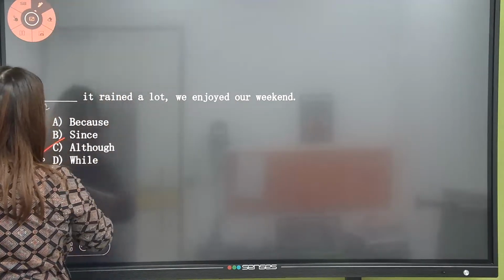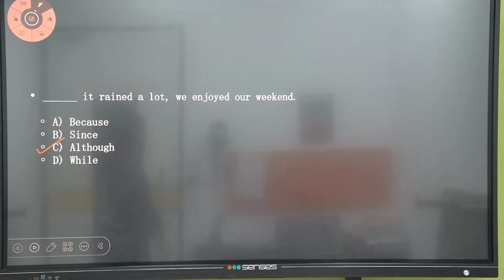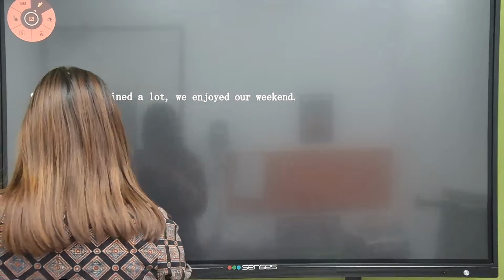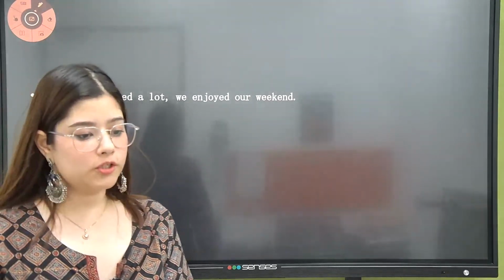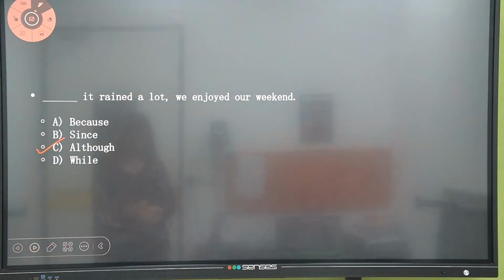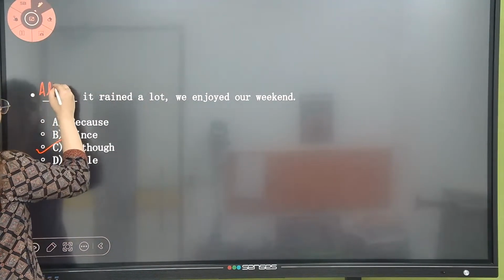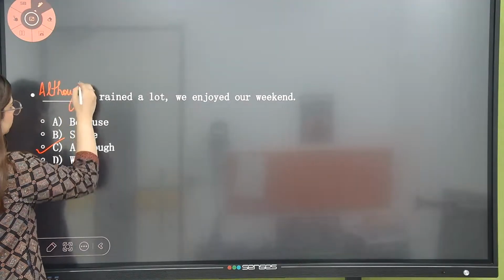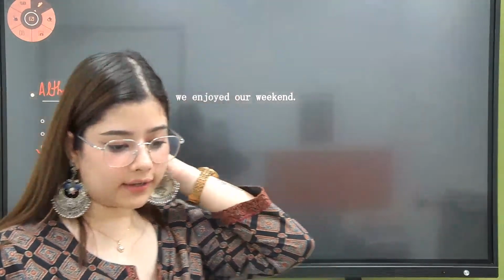Although it rained a lot, we enjoyed our weekend. Which type of conjunction is this? Coordinating, subordinating, correlating. Which type of conjunction? Although.